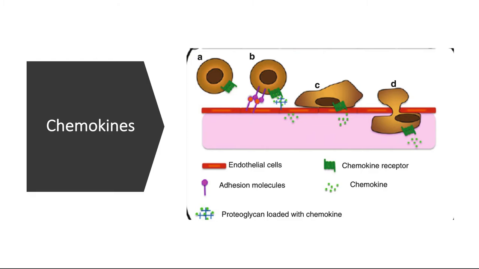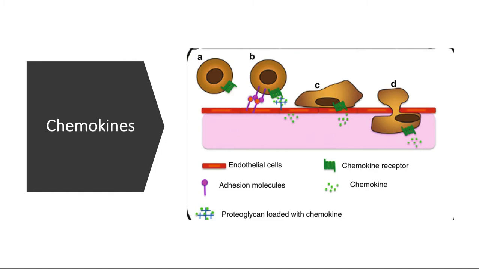Chemokines are a family of small proteins that act primarily as chemoattractants for specific types of leukocytes. About 40 different chemokines and 20 different receptors for chemokines have been identified.